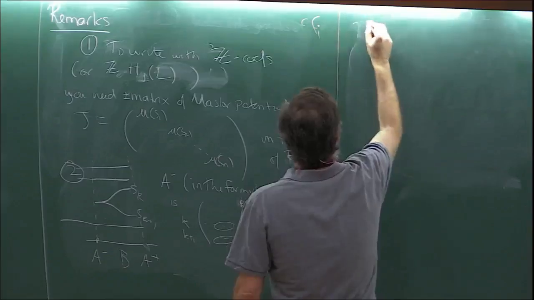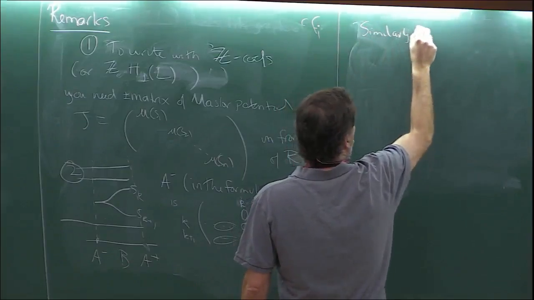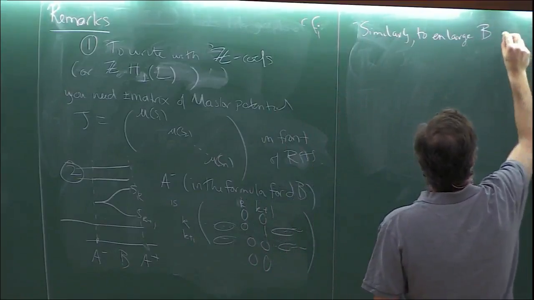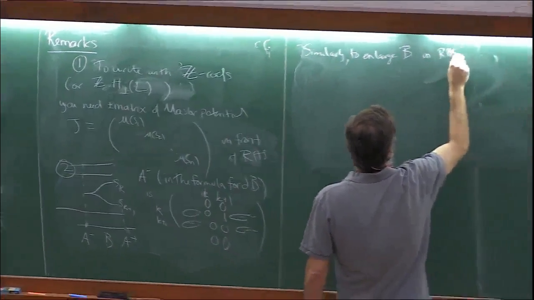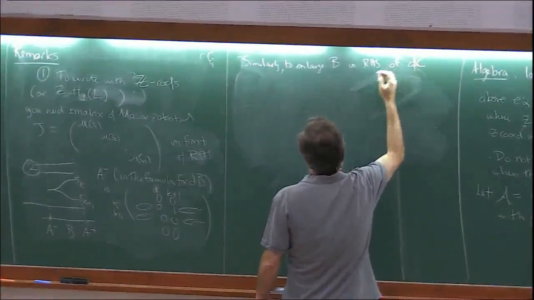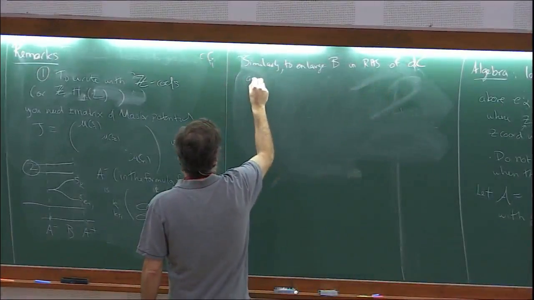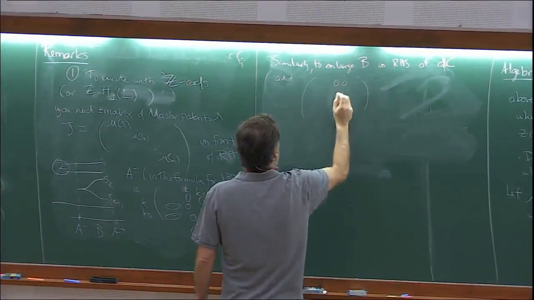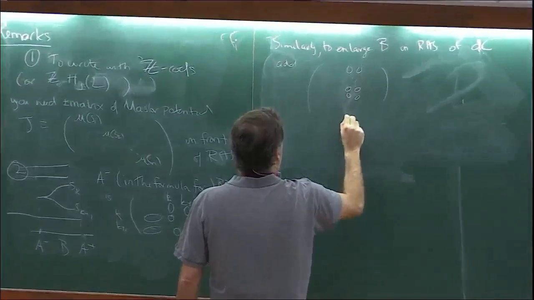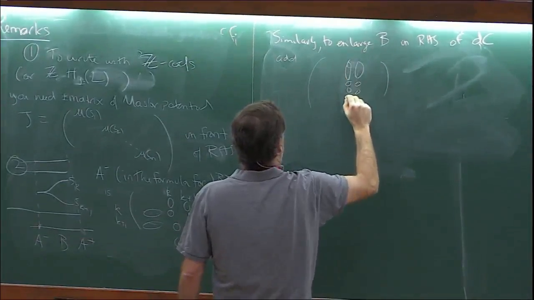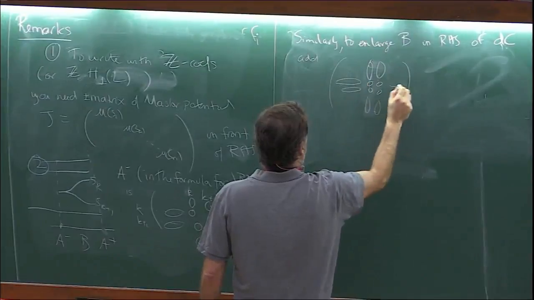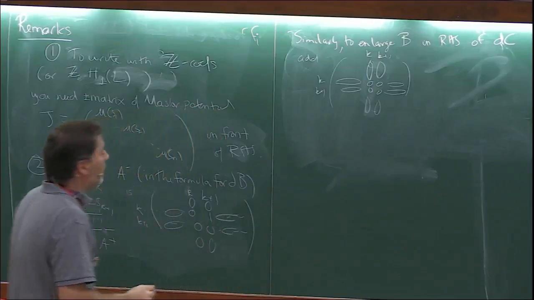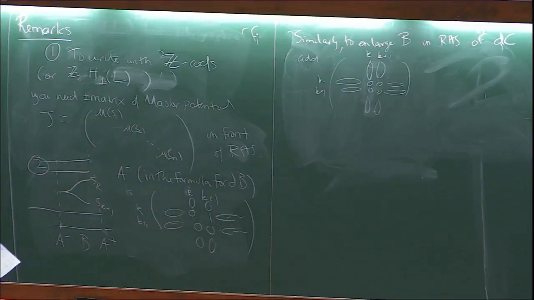Similarly, to enlarge B in the right-hand side of dC, you add all zeros.